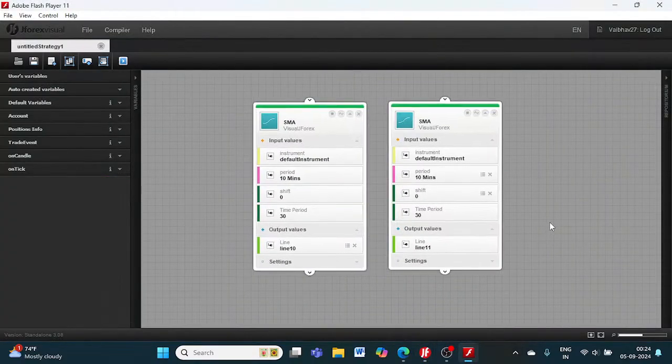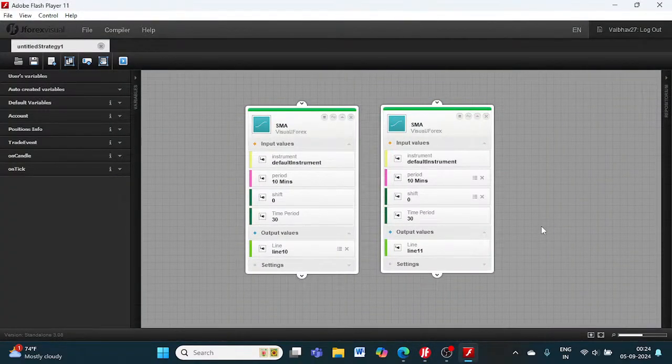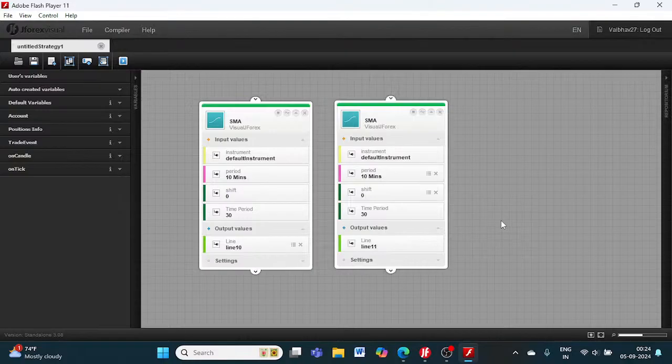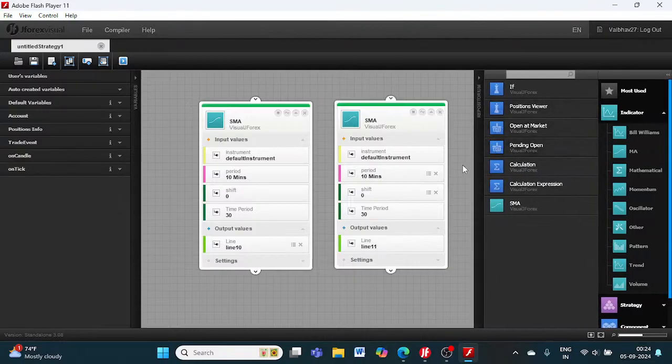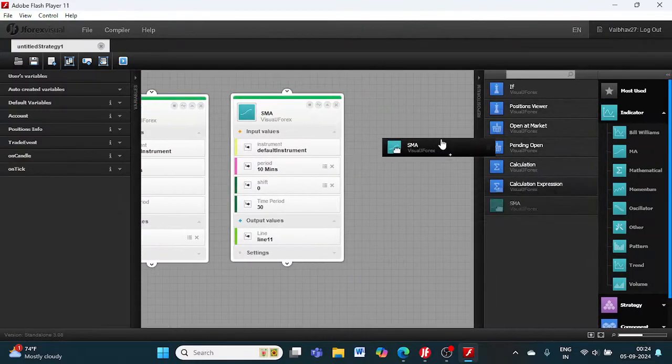So for this comparative analysis, we are going to need four of the SMA blocks.